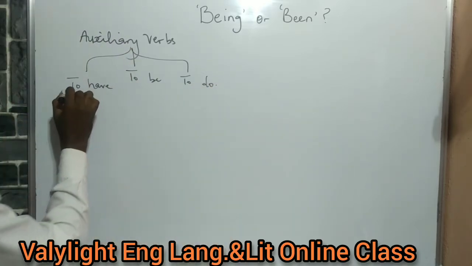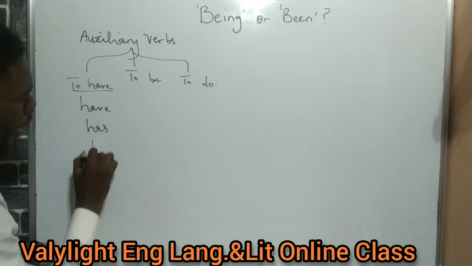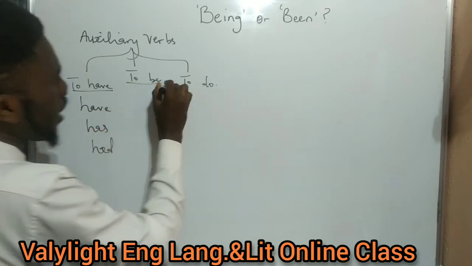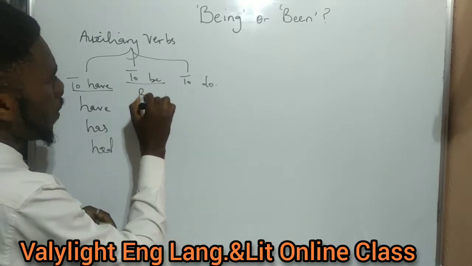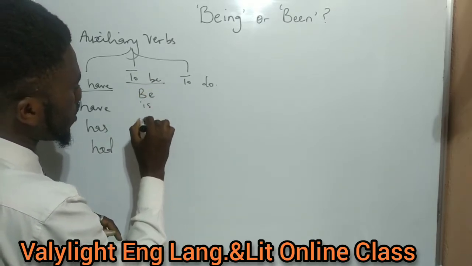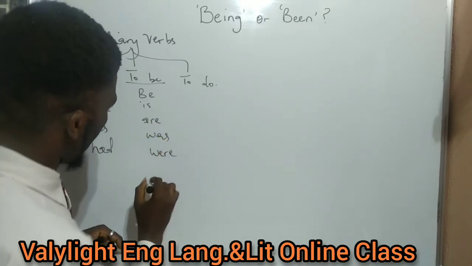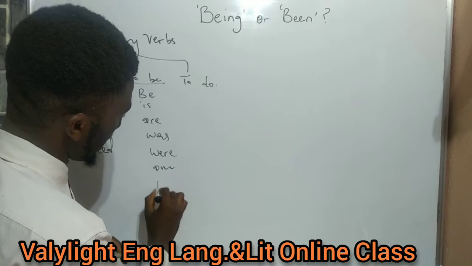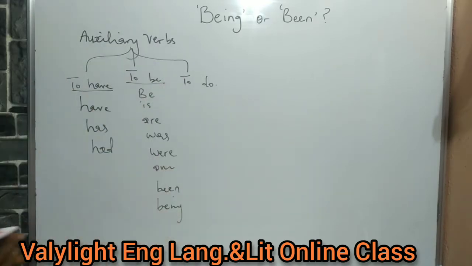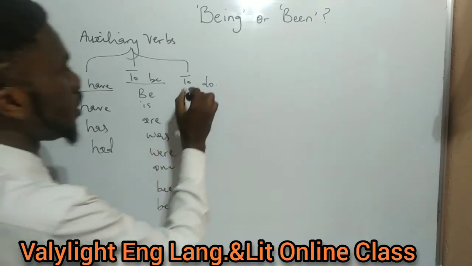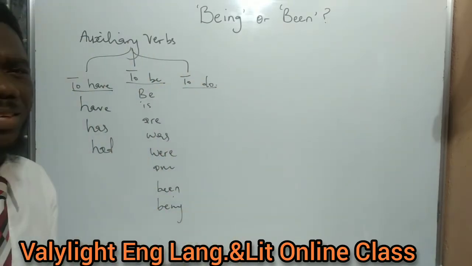Under the verbs to have, this is where you have have, has, had. Under the verbs to be, there are about 8 of them. You have be, is, are, was, were, am, been. These are the verbs that you have here. And under the verbs to do, this is where you have do, did, and the rest of them.